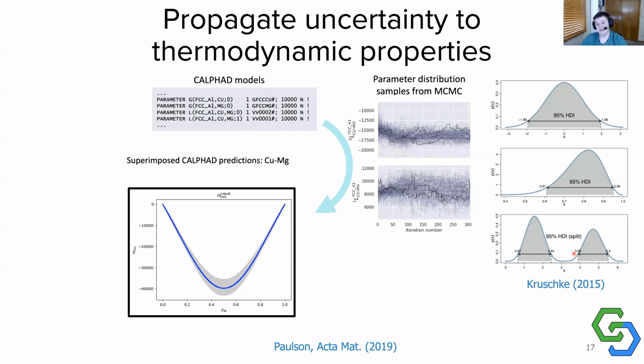And so one thing to note is that even if your data is multimodal, then the highest density interval region, so these gray regions, could span multiple modes. And so in your CALPHAD assessment and your CALPHAD uncertainty quantification, if you were to find a solution that had multiple modes, then the 95% or this HDI method of doing uncertainty propagation would still capture that.